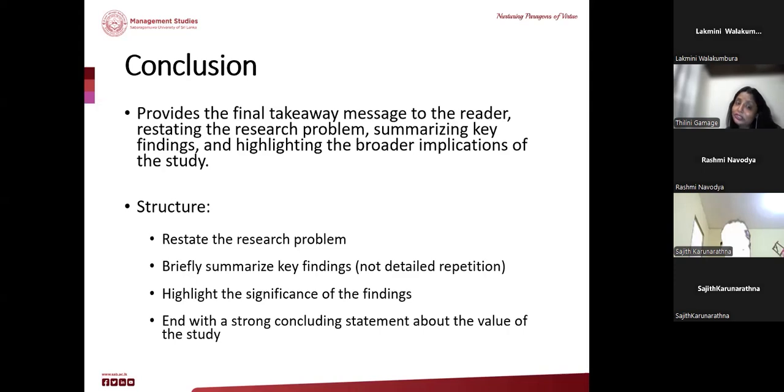And then you need to highlight the significance of your findings, why your findings are important. That's very important. You need to explain why this is significant. At this stage, you can't straight away say why this is important. It should come from the beginning.